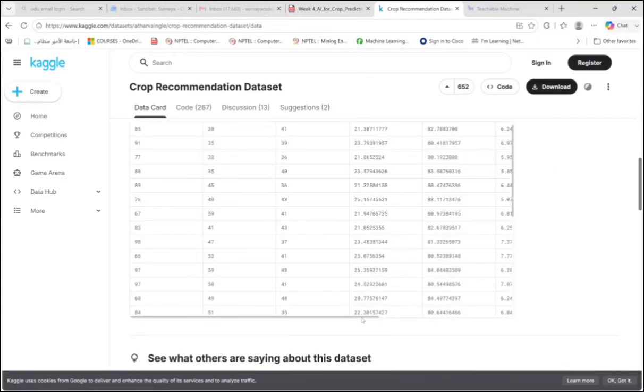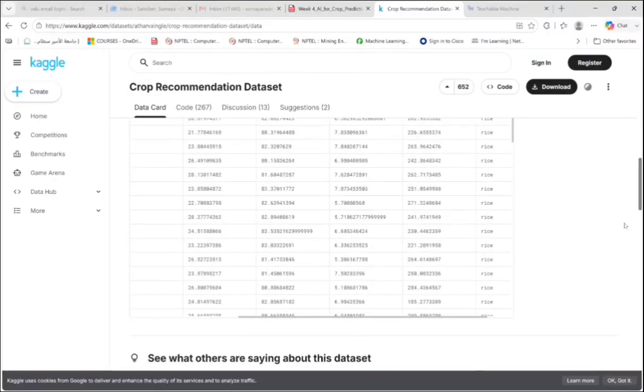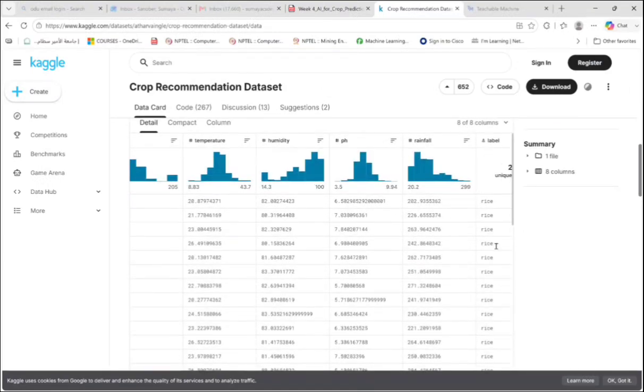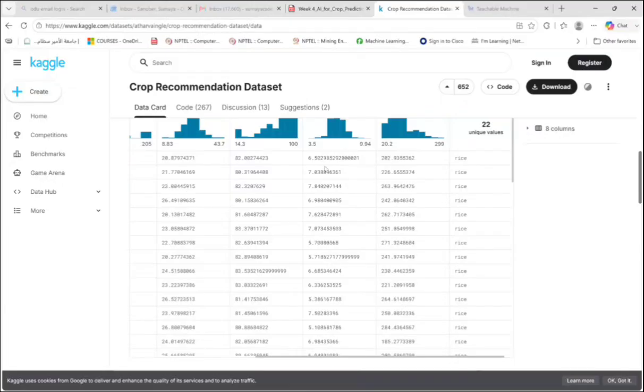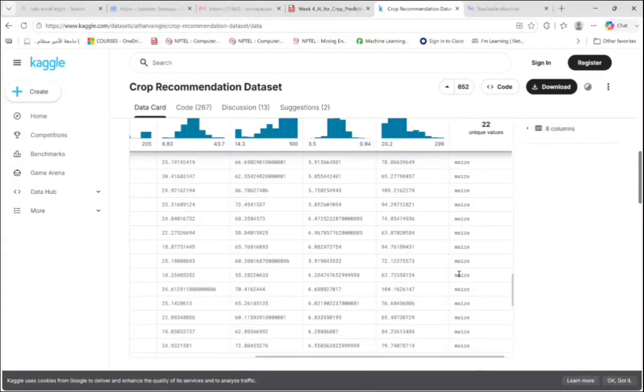Then if you go down, you have pH values, rainfall, and then a label. In the very first example, based on all this information, the machine learning model predicts that this is rice. Then with some other prediction, it predicts that this is maize.